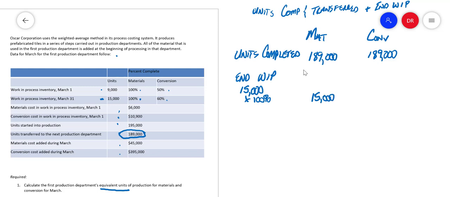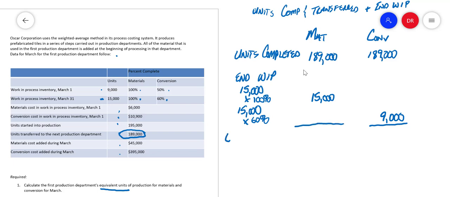And then over here, conversion is 60%, so we take 15,000 times 60%. Okay, when we do that math, we're going to get 9,000 units over here. So 15,000 times 60% is 9,000 for conversion. 100% is 15,000 for materials.